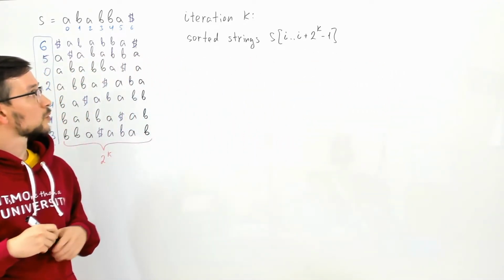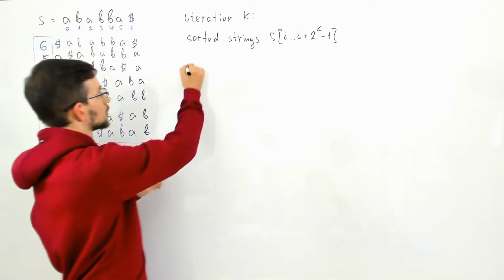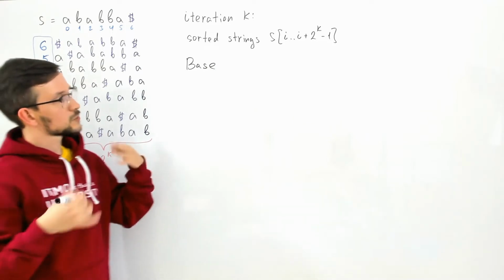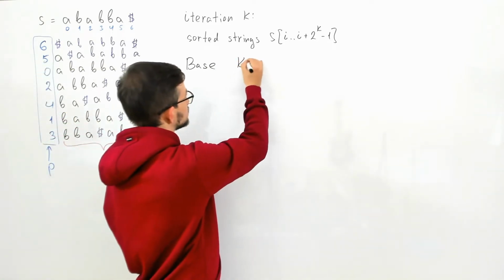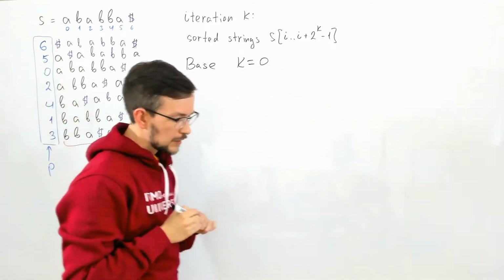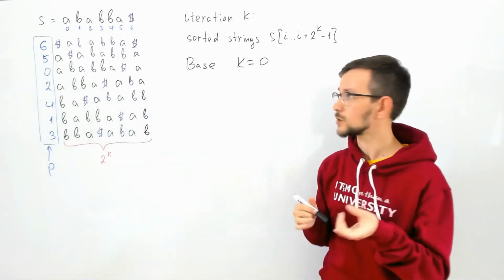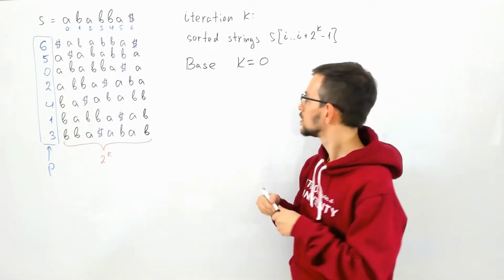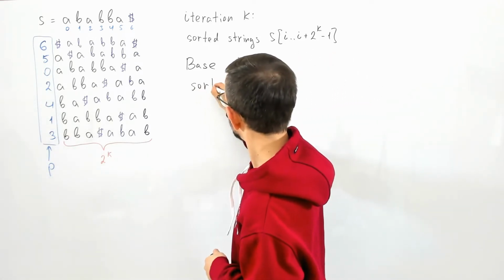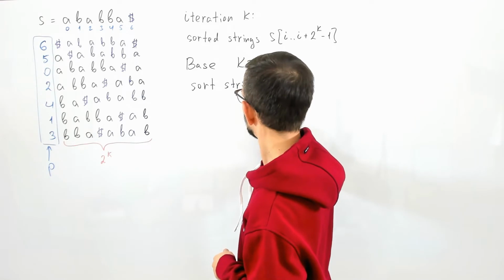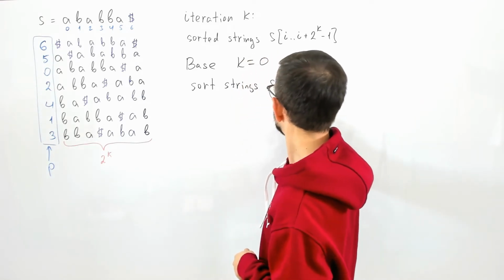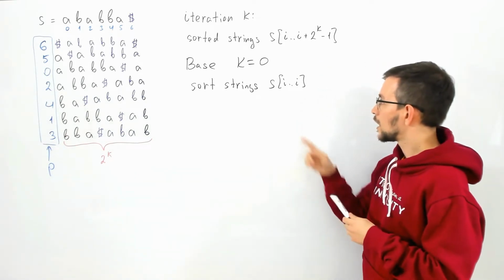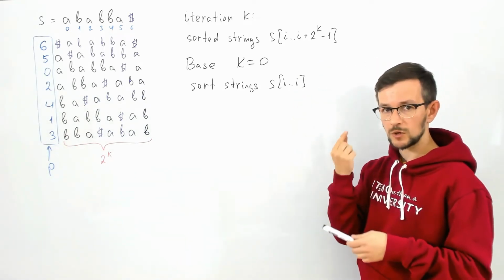Okay, now let's start from the beginning. So what is the base? The first iteration is when k equals 0. If k equals 0, we need to sort strings of length 2 to the power of k, so it's 2 to the power of 0, it's 1. So we sort strings like s from I to I. This is basically a string of length 1, so it's only one character.